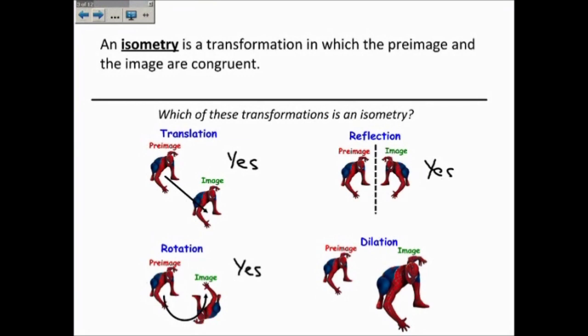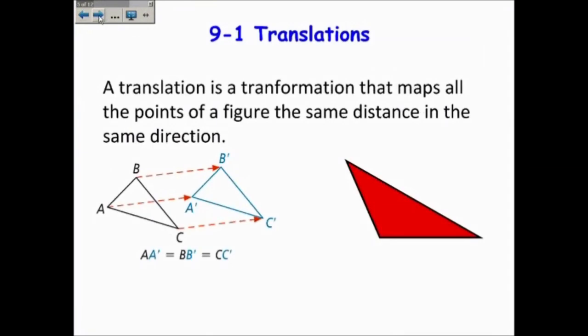A dilation, where it gets larger or smaller, I would say it's not congruent because it's a different size. So it's not an isometry, but if you connect it with 2 chapters ago about similarity, a dilation does create similar figures.